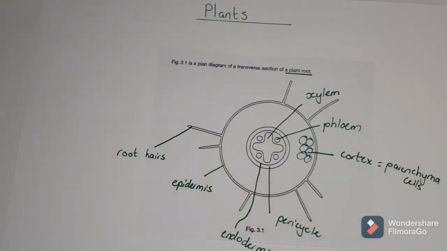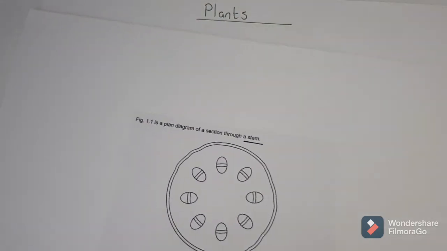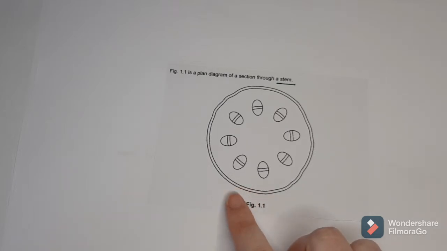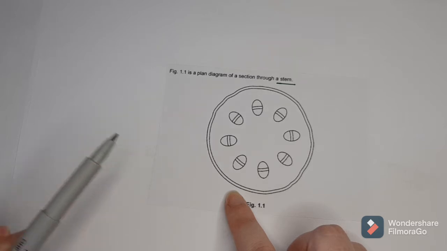Okay, so then if we look at the stem, now the stem looks slightly different because all those roots join together to form that thick stem. So now in the stem, we no longer have any root hairs because we don't need to touch through the soil to increase the surface area.